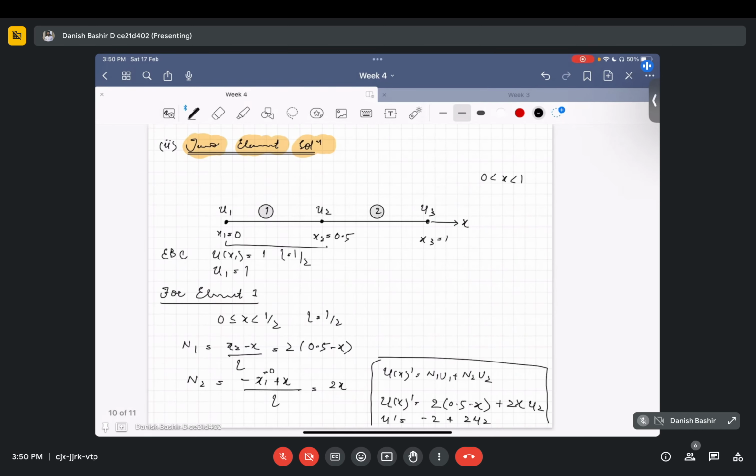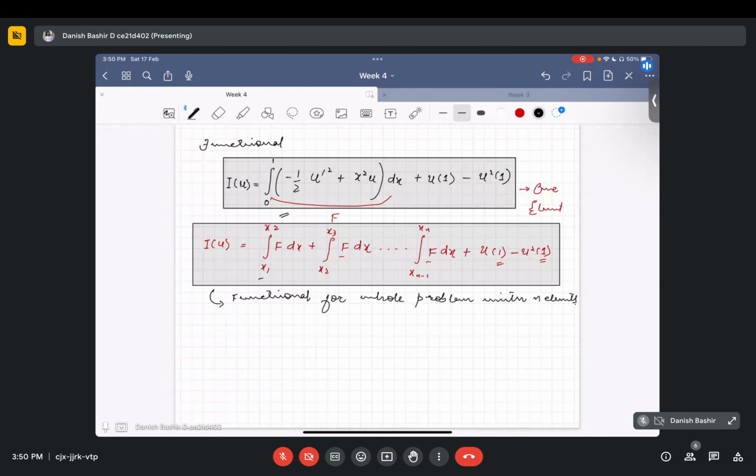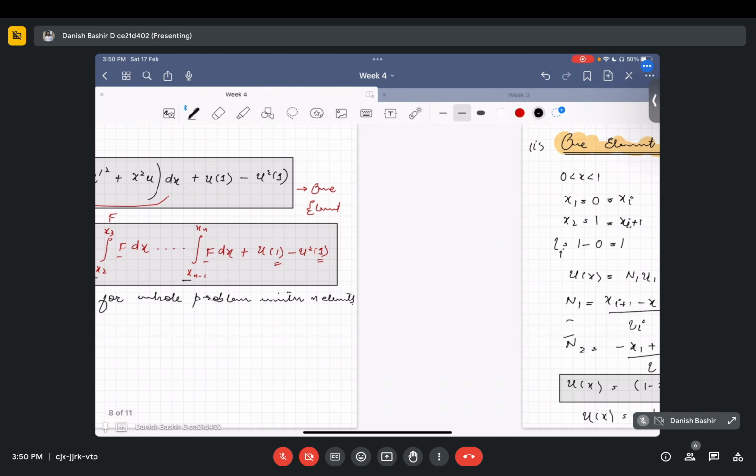I already told you how to write the functional. The functional will be split into different functionals for each element. The functional will obviously be the same, but the nodal parameters will be different.